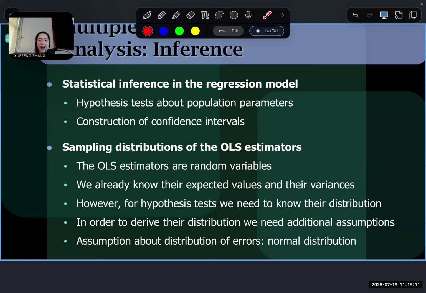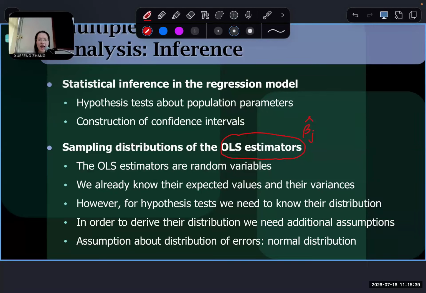Beta j hat is not just one fixed number, okay? Remember, our OLS estimator, suppose it's beta j hat. This beta j hat is not one fixed number, okay? Different people, different samples can have different beta j hat. Every time you draw a new sample, you get a slightly different beta j hat.